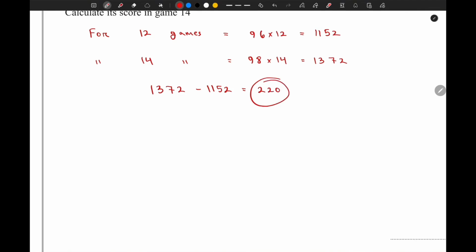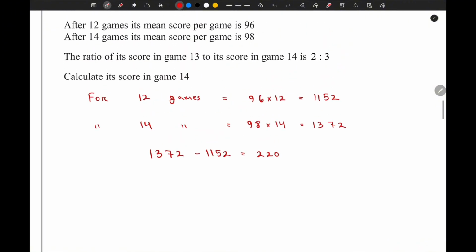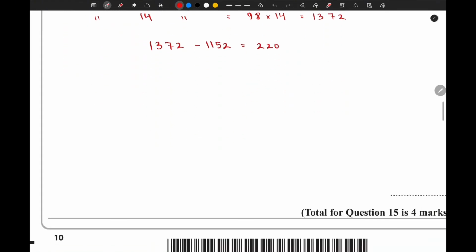This is only for game 13, not for all of the 13 games, only for game 13. Now the ratio of its score in game 13 to its score in game 14 is 2:3. So the score in game 13, 220, divided by the score in game 14, which is unknown, is equal to 2/3.